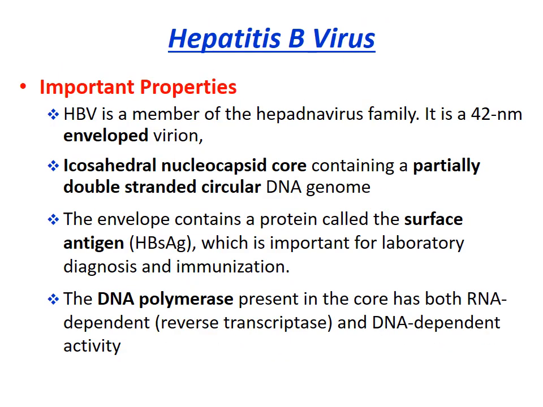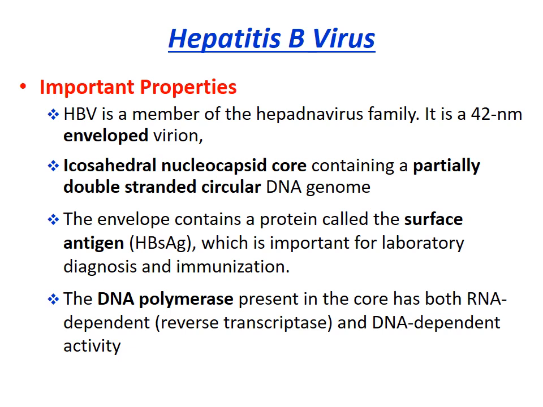Important properties of the hepatitis B virus include that it is a member of the hepadnavirus family, which is a DNA virus family, and it is a 42 nanometer enveloped virion, and it has an icosahedral nucleocapsid core containing a partially double-stranded circular DNA genome.